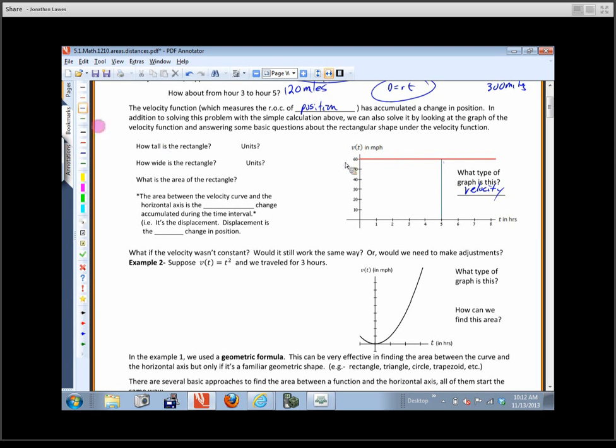That rectangle is 60 tall. What are the units? Miles per hour, because that's the unit it has right there. How wide is the rectangle? 5, and the units would be hours.